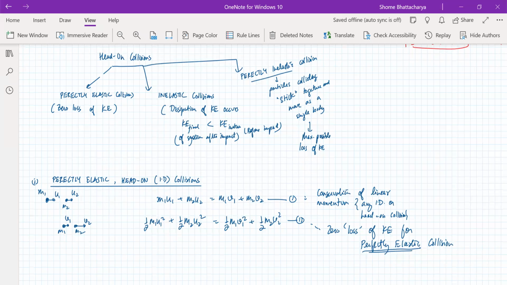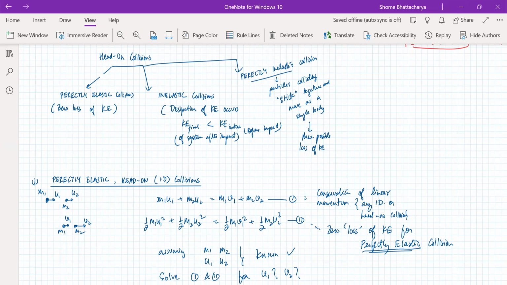Assuming that M1, M2, U1 and U2 are all known quantities, we will solve equations 1 and 2 for V1 and V2 as unknowns, and develop a general formula.